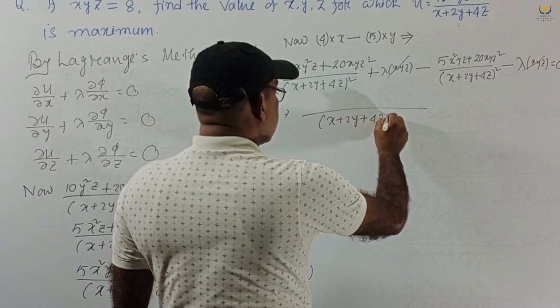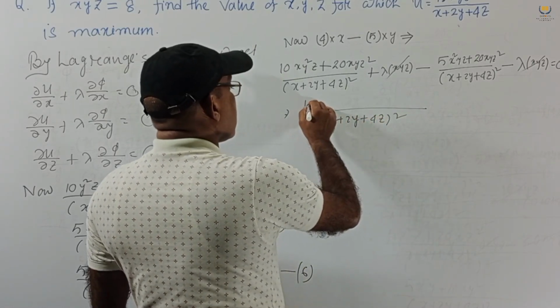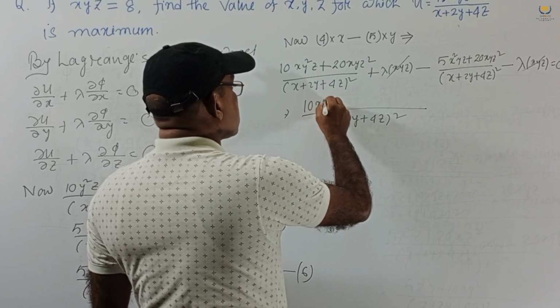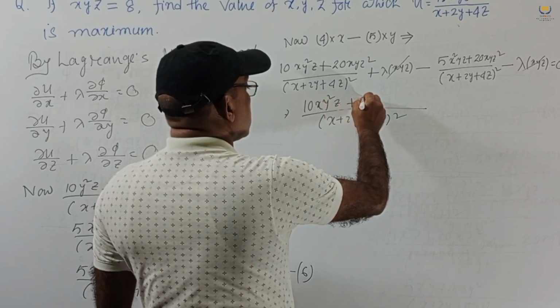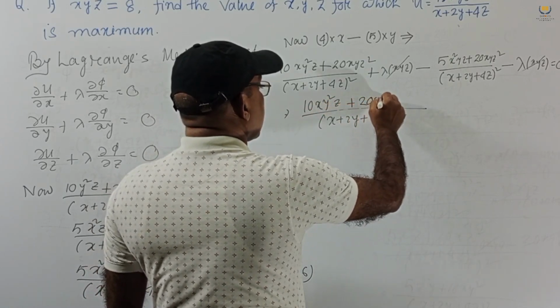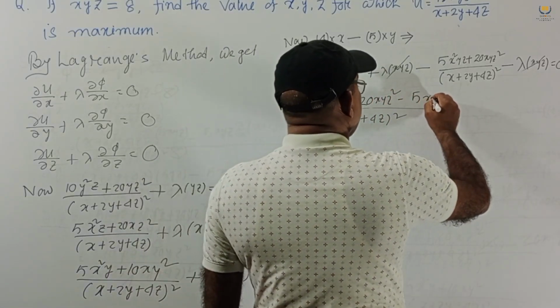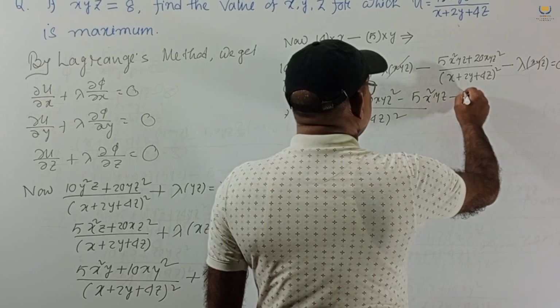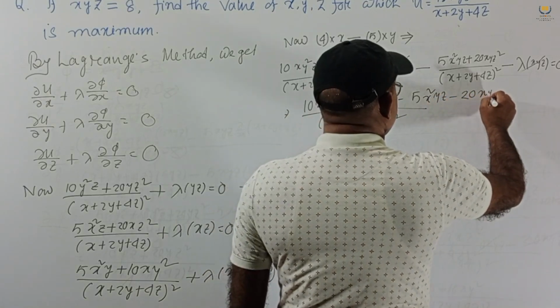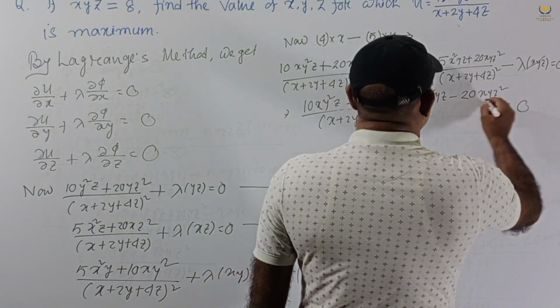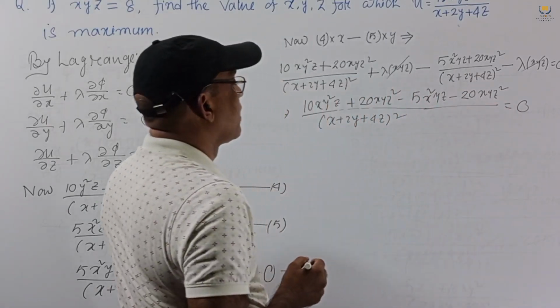Taking the LCM, (x + 2y + 4z)², here we get 10xy²z + 20xyz² − 5x²yz − 20xyz² = 0.